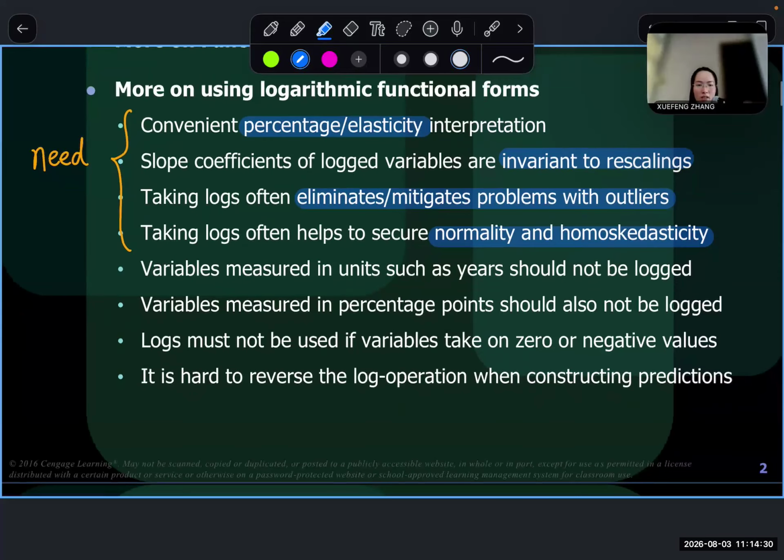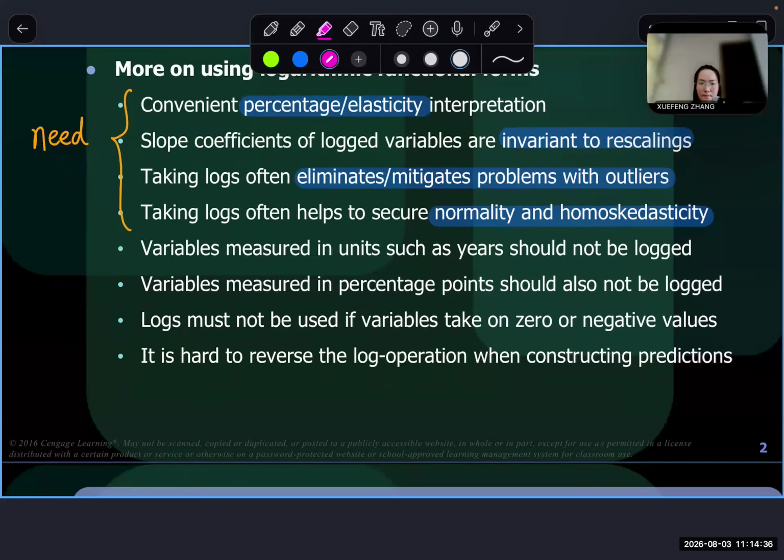How about when we do not use logs? When should we not use them? The first case: if the variable is already in natural units, such as years, age, or education. Logging years doesn't mean anything useful.